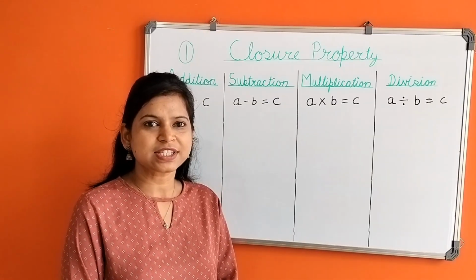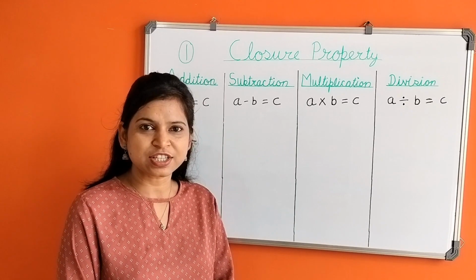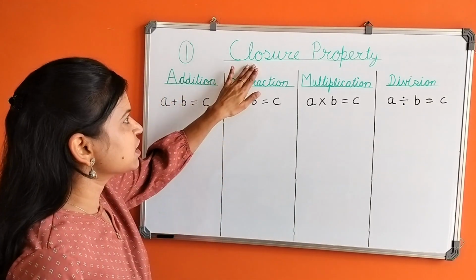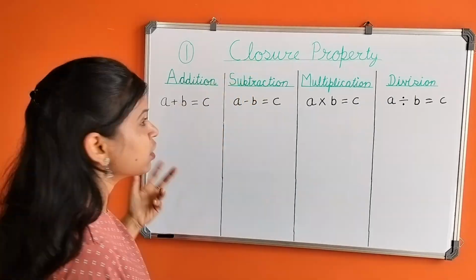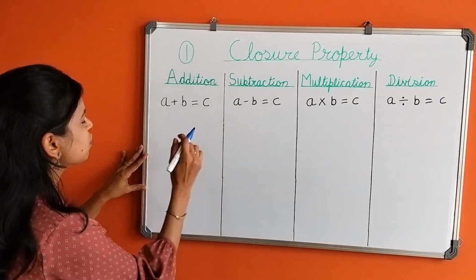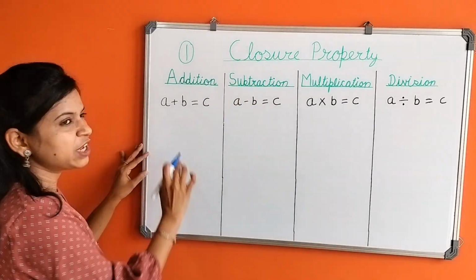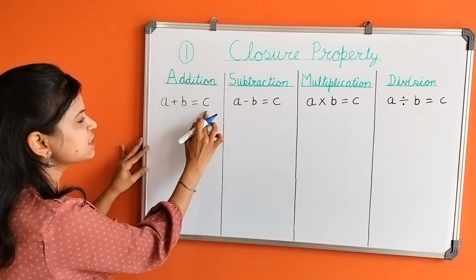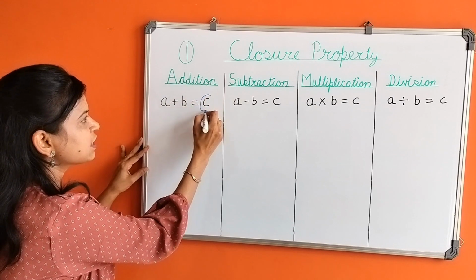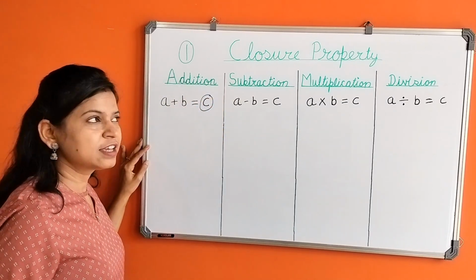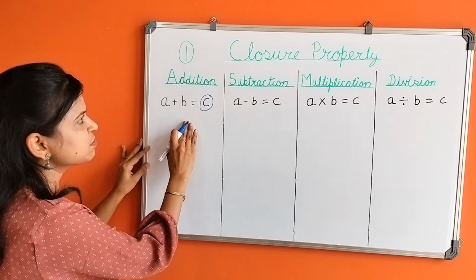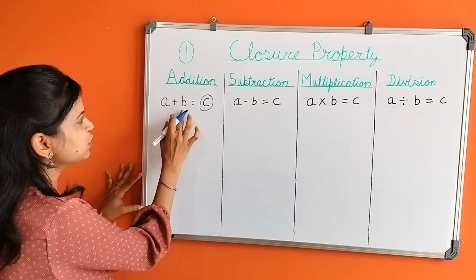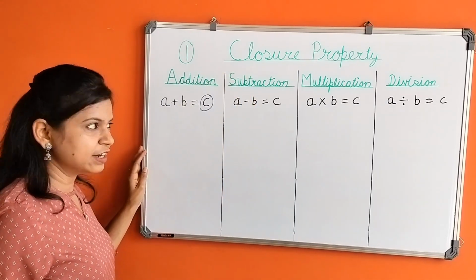Our next topic is properties of addition, subtraction, multiplication and division. So the first property is the closure property. What does it mean? Suppose A and B are two integers. When we are adding two integers, and as a result we again get an integer, then this comes under the closure property. Or we can say A and B are closed under addition.